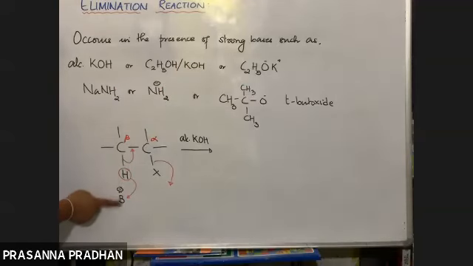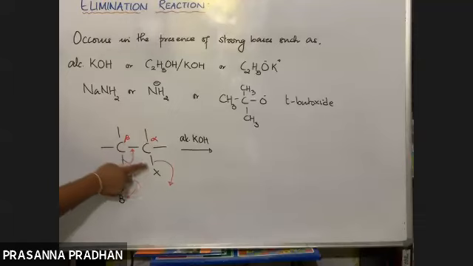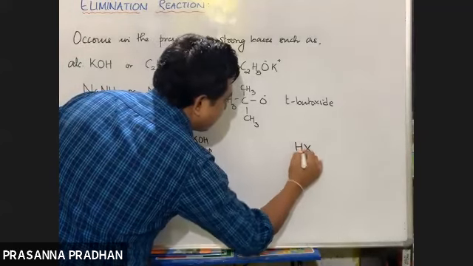A base will abstract this beta hydrogen. Okay, proton actually, not hydrogen. So these two electrons are going to shift out here. A new bond is going to be formed and there will be a loss of this group. So what is being lost out here? From the alpha carbon halogen, and from the beta carbon hydrogen. So there is a loss of HX.